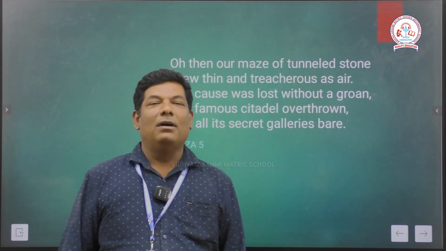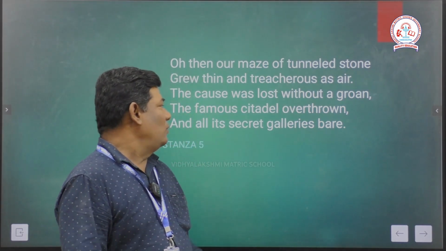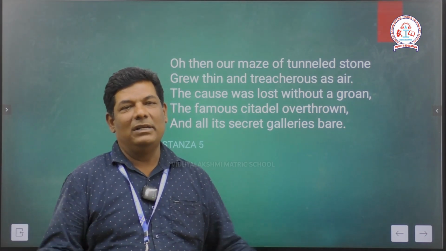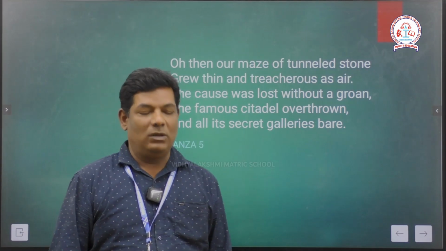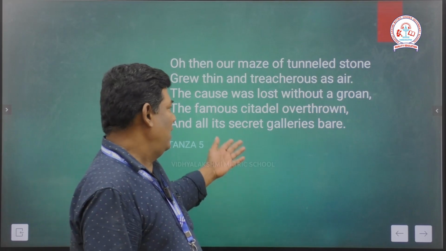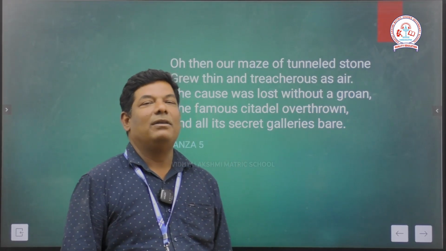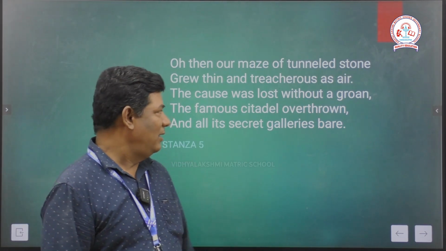You all know the royal people have so many costly ornaments and jewelry like gold, and the enemies came and shot all the people dead immediately, and they looted away all the galleries. Therefore, the galleries have become bare completely.